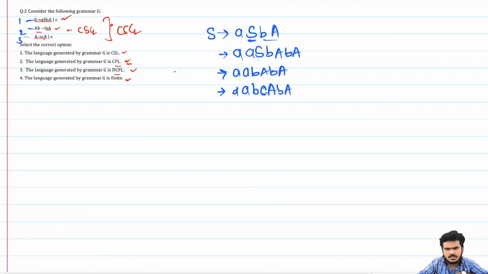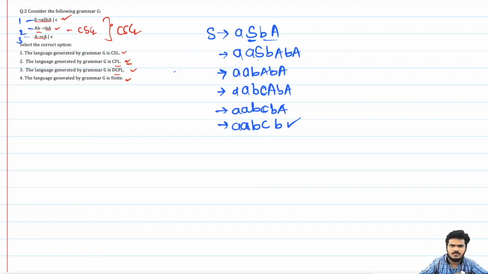Again instead of this A I can use CA any number of times, but I will stop here only, and instead of A I have written epsilon, so this becomes B and this is A. Here also I will use A, so the final string I am getting is ABCB.